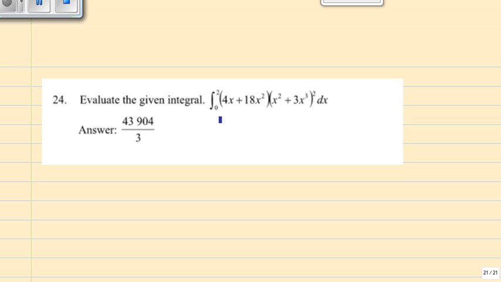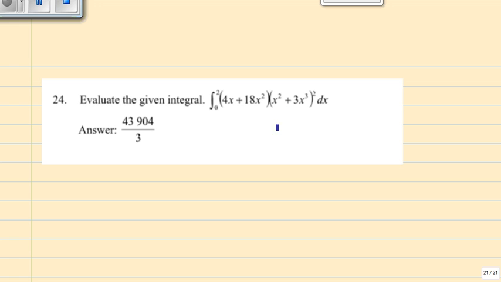Here we've got a definite integral, and again we see that inside of the second parenthesis we've got x squared plus 3x cubed. The derivative of x squared is 2x, the derivative of 3x cubed is 9x squared. So if we multiply by 2, we're going to get the same differential in here.